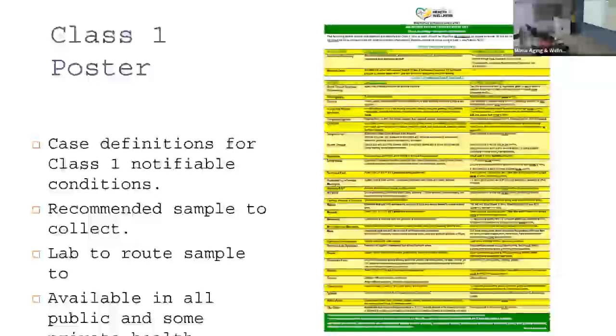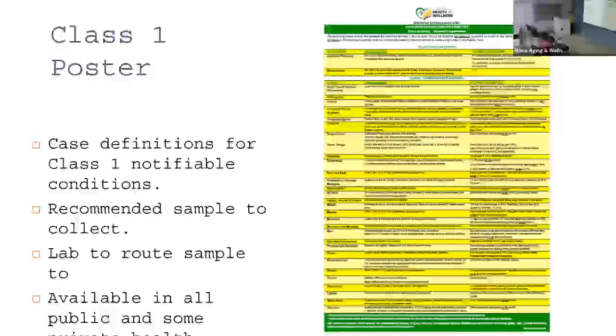So we have case definitions for all the class 1 notifiable conditions, and the class 1 poster that's in all the public health facilities, and some private facilities have the class 1 poster displayed. It was updated within the last 2 years to include conditions that weren't class 1 up to a few years ago.